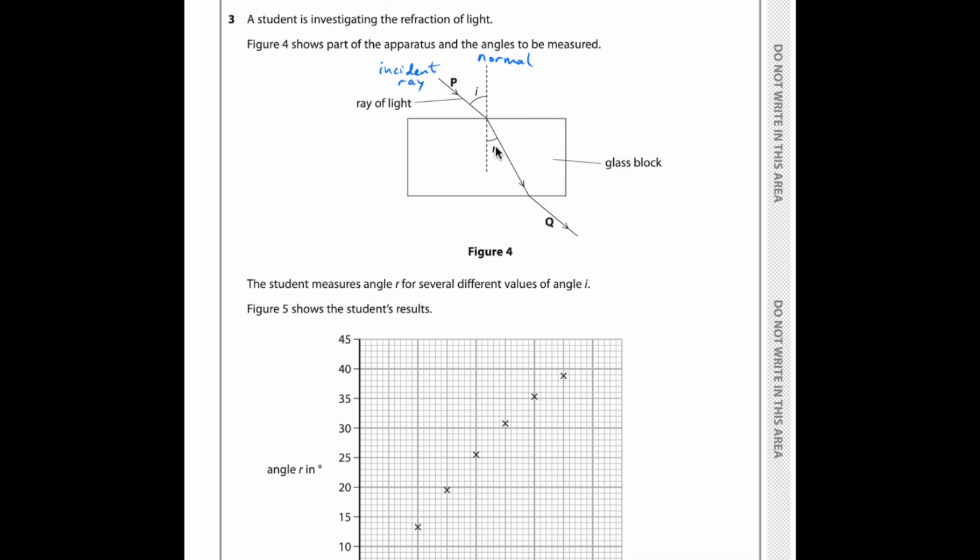And then we've got the angle of refraction in between the normal and the refracted ray. That's the angle of refraction, just in case they ask you in a different exam. And that is the angle of incidence. They often ask you about that.